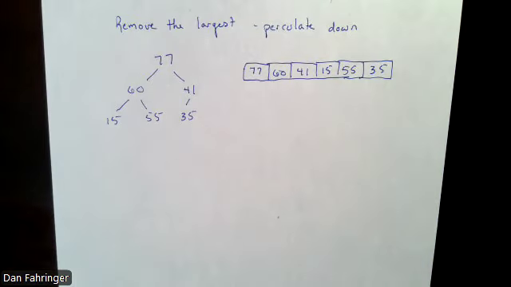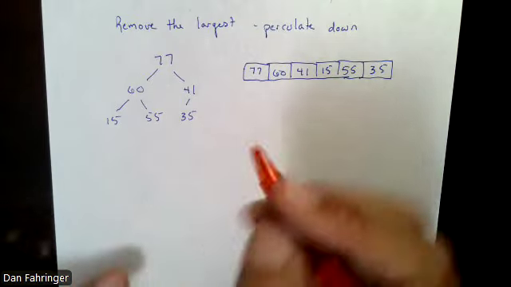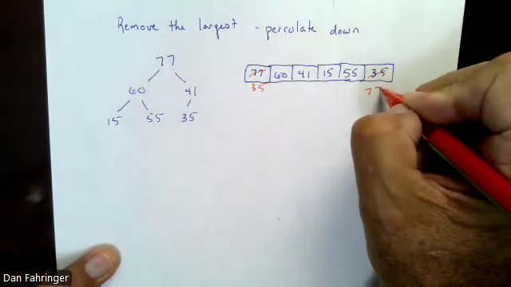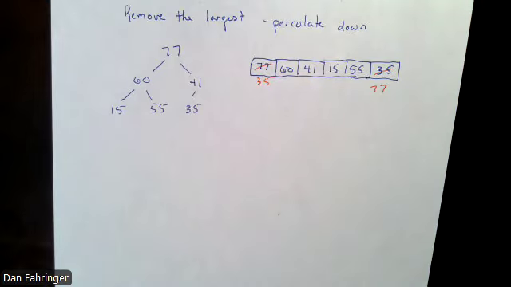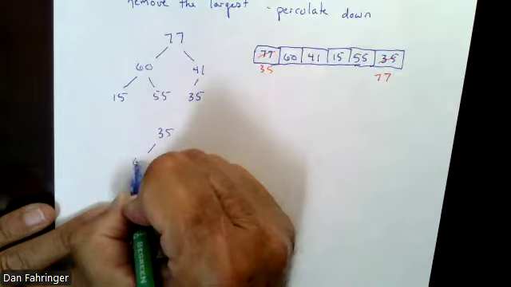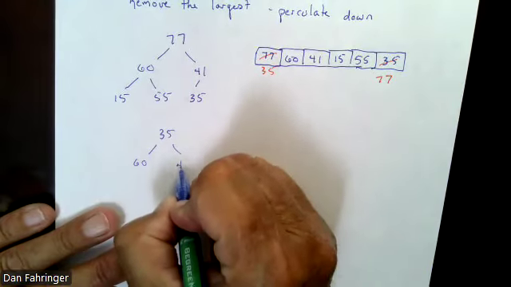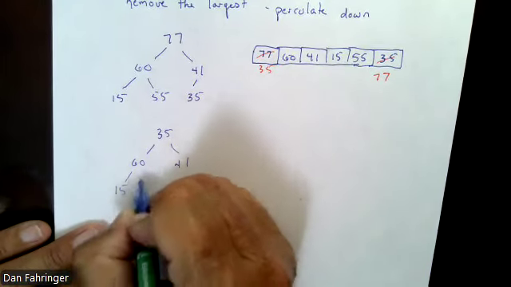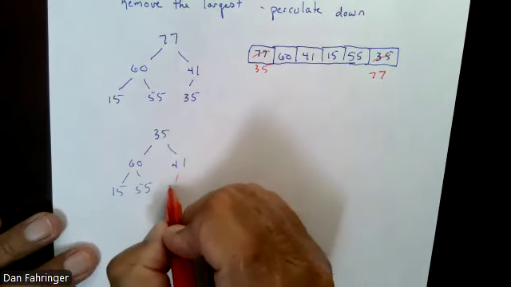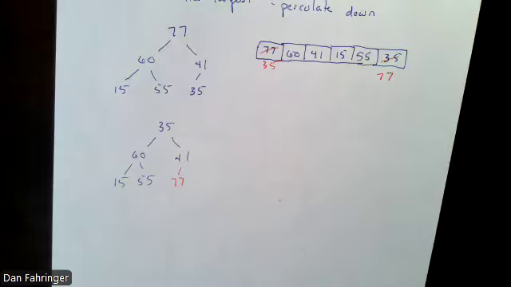In the world of my arrays, I am switching 77 and 35. Now I have 35, 60, 41, 15, 55, and 77.